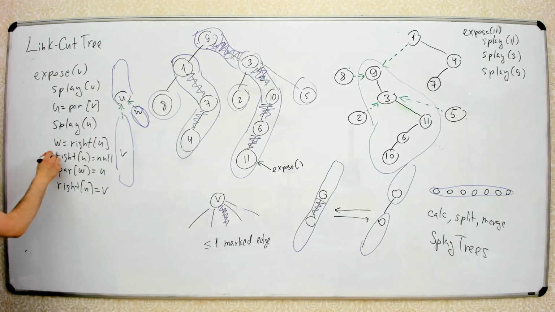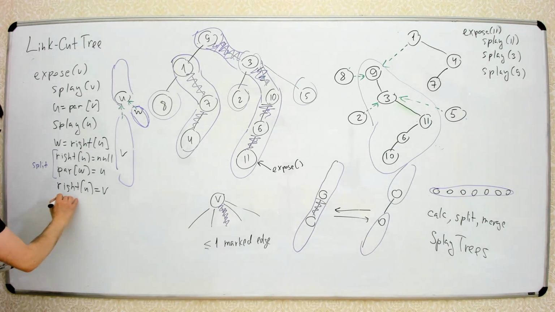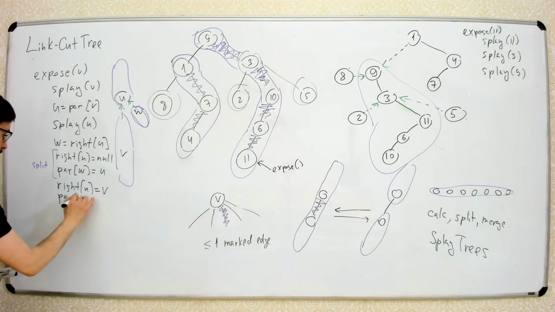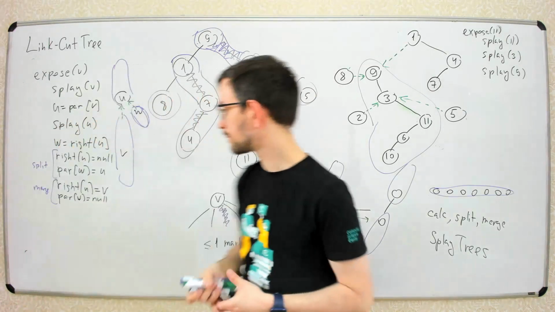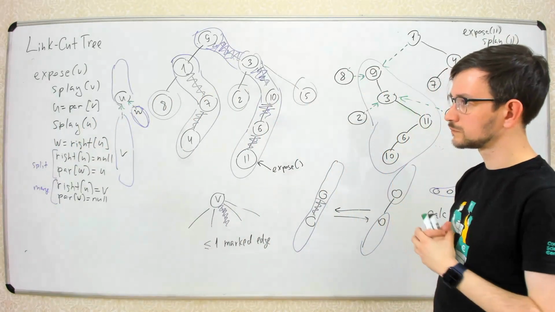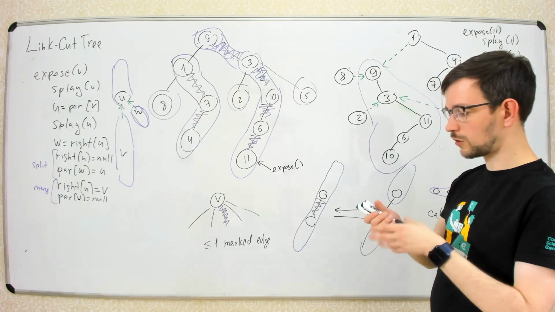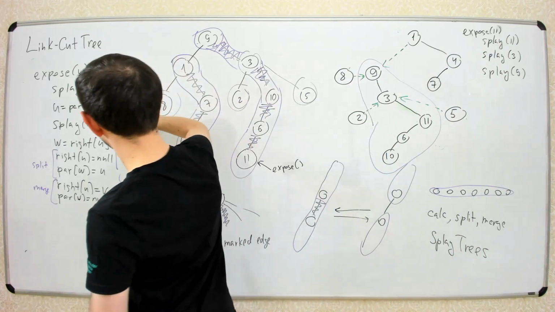So here you disconnect. This is the split, yeah. And now you connect your node as a reference. So this is true. And let's remove the parent here. That's all. Now this edge is marked.